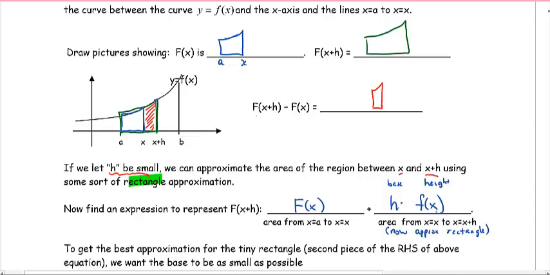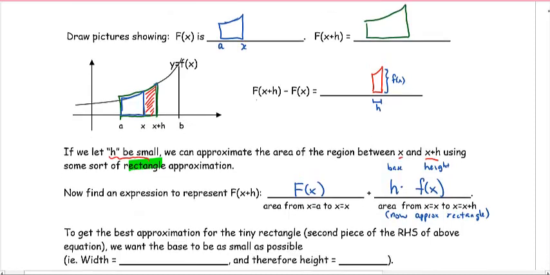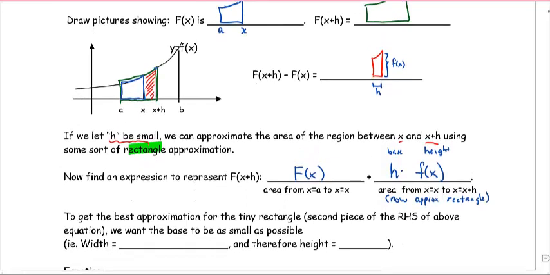Does that make sense? Okay, so once again, this distance here is h, and then the approximate height for the y value is f of x. Now, you want the best approximation, right? Don't settle for okay, go for the best.